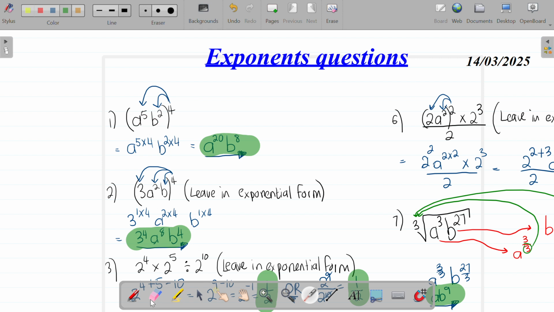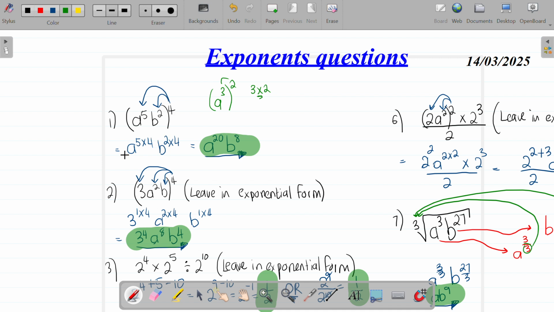Now remember, guys, what is the rule if I have an exponent, let's say for instance a to the 3, raised to another exponent? What's going to happen is my exponents will be multiplied together. So this 4 is going to be multiplied with the 5, and the 4 will be multiplied with the 2.